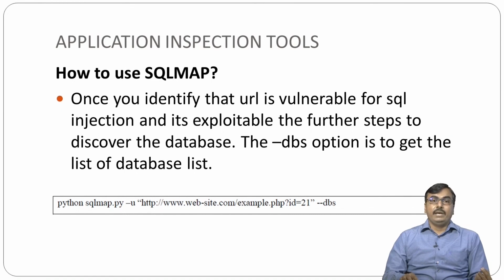Once you identify that the URL is vulnerable to SQL injection and it's exploitable, the further step is to discover the database. The --dbs option is to get the list of databases. So, whenever you are sure that a particular website or web URL is vulnerable, then enter this command.